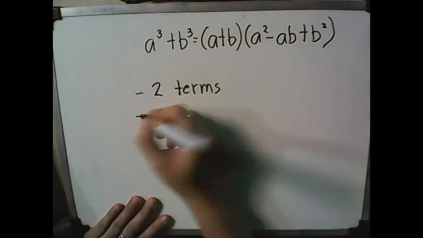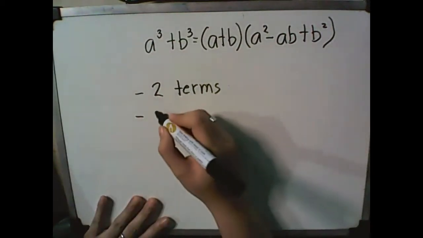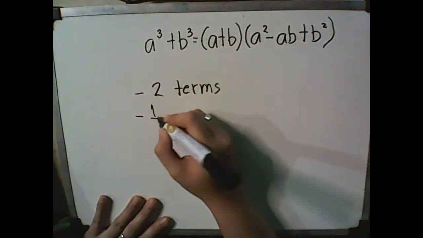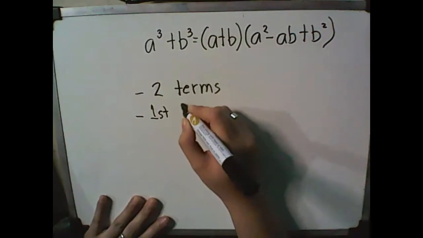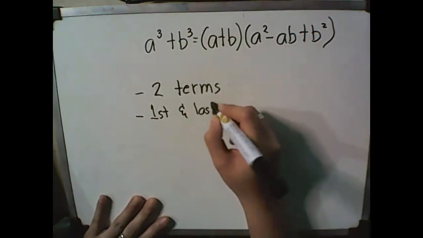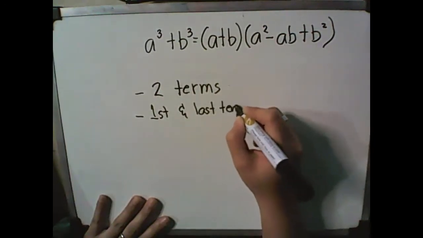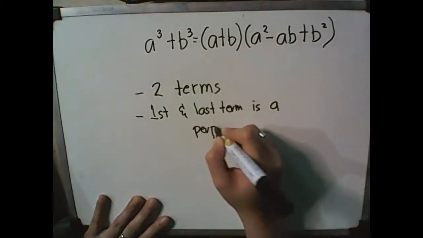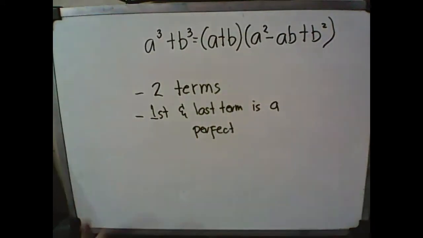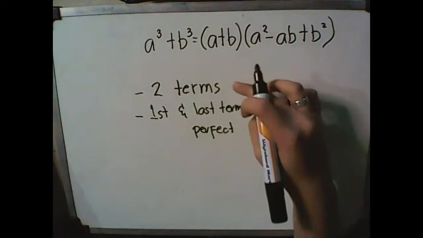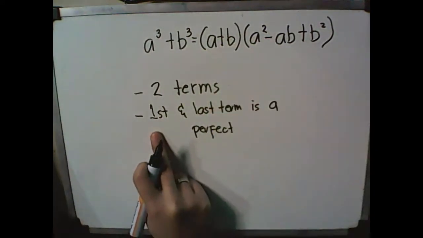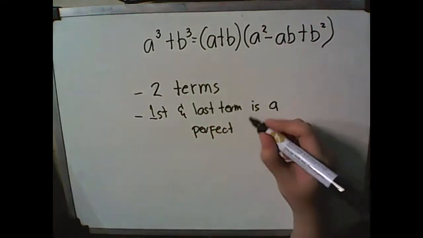The second condition is the first and last term is a perfect cube. Okay, para masabi natin na siya ay example ng sum and difference, it must have 2 terms and the first and the last term is a perfect cube.